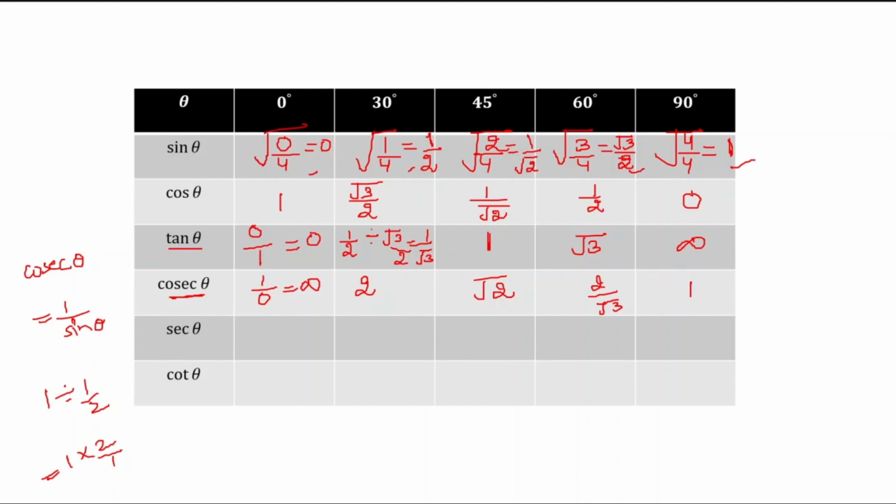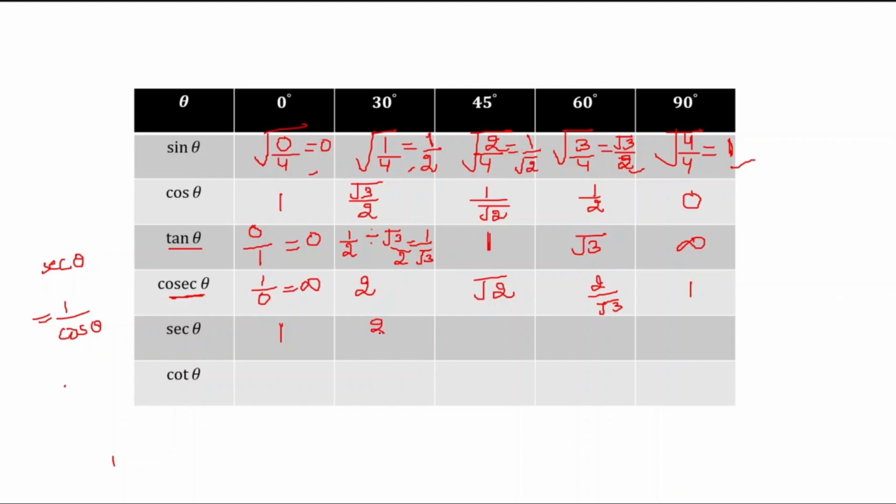Similarly, we can figure out what secant theta is, because secant theta is the reciprocal of cos theta, right? Cos 0 is 1, so secant 0 would be the reciprocal of 1, which is 1 itself. Cos 30 is root 3 by 2.